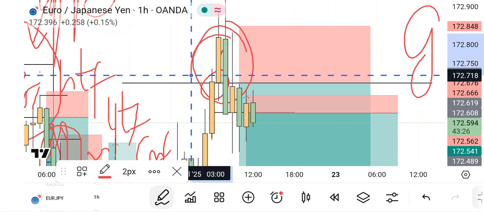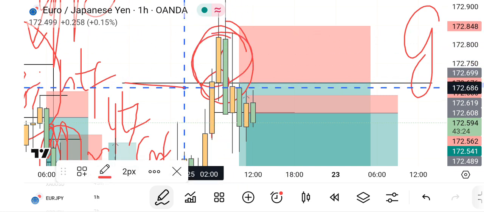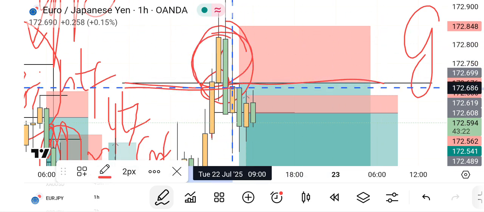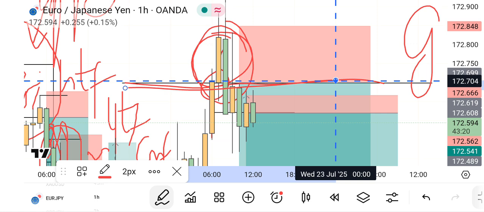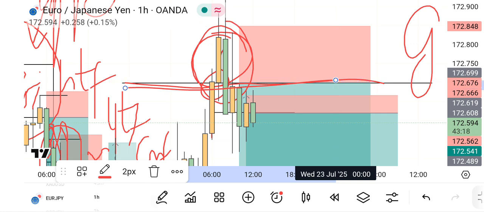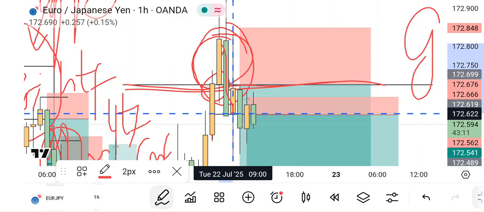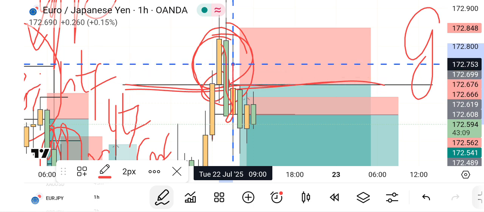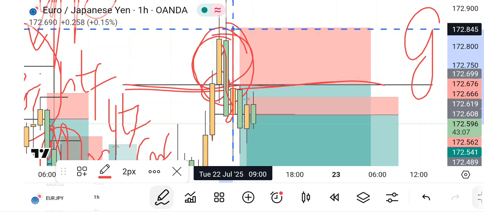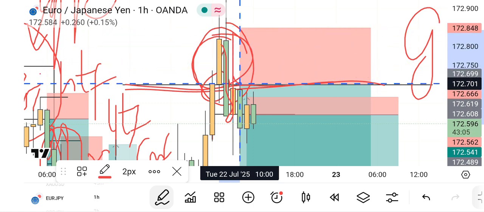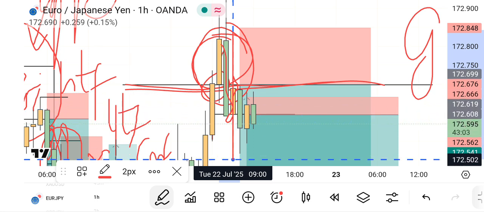So this gave us a supply zone, which is this. Then I marked that supply zone. Instead of using the wick, I used the body. So I marked it out and the price came back to this. After completing the supply zone, the price came back, pushed up, no confirmation yet. Then the price started rejecting down this side and this side.